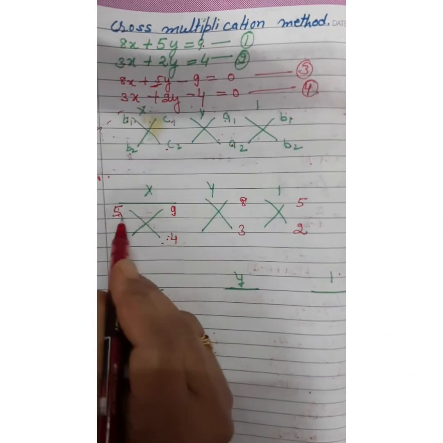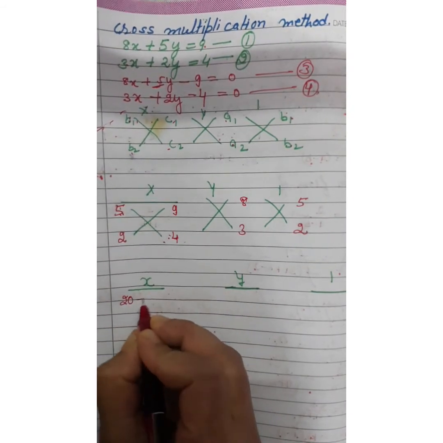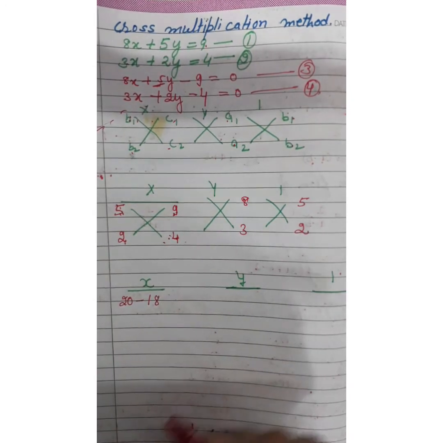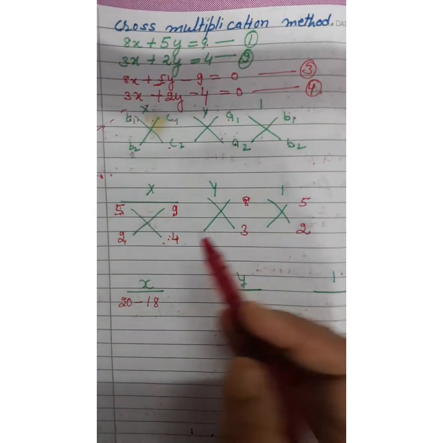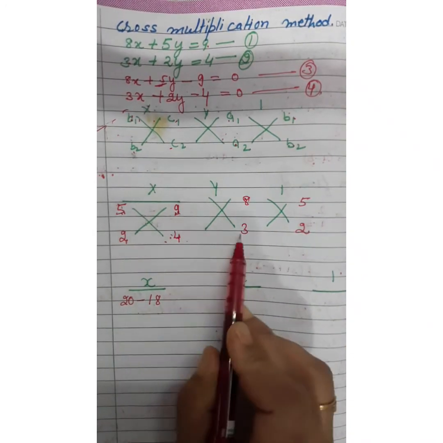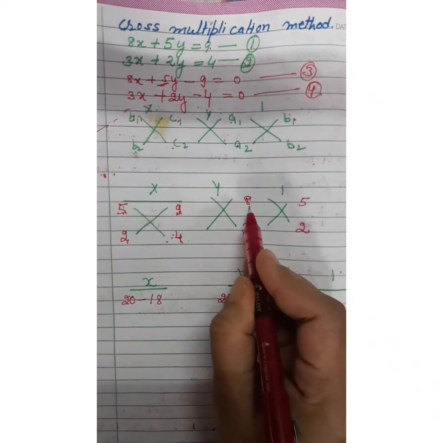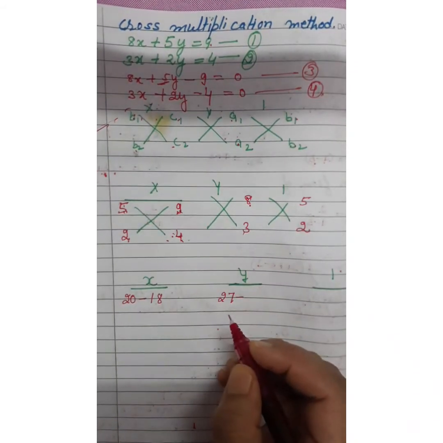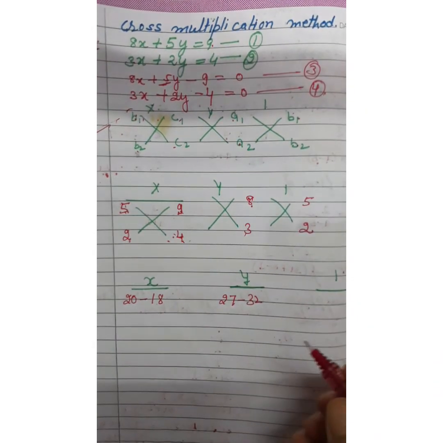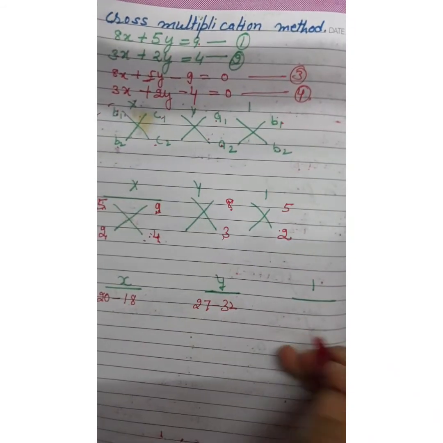This is 5 2s are 5, 5 4s are 20 and minus 9 2s are 18, right? I am directly writing, so you can write down yourself also in detail. 9 3s are 27 minus 8 4s are 32 and 8 2s are 16 here.